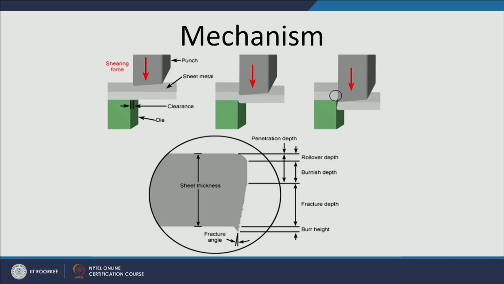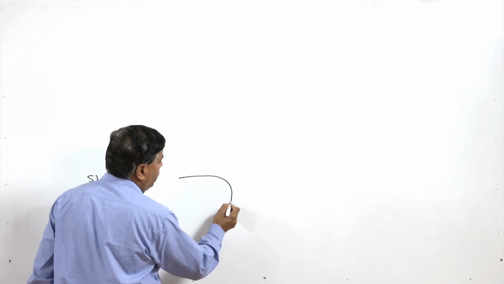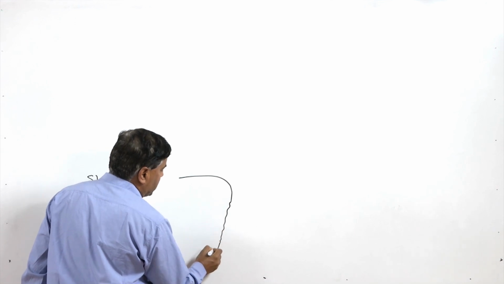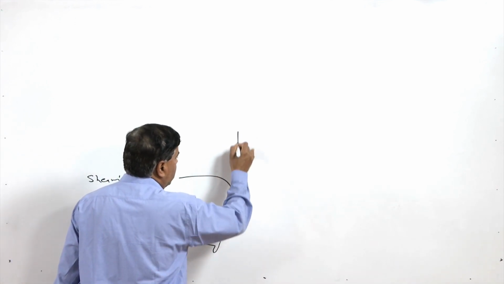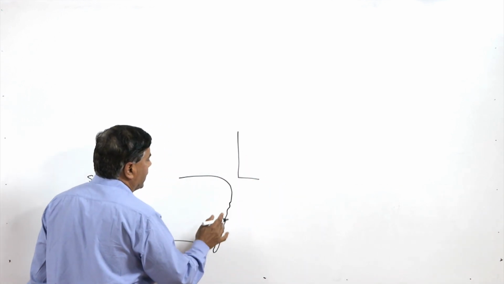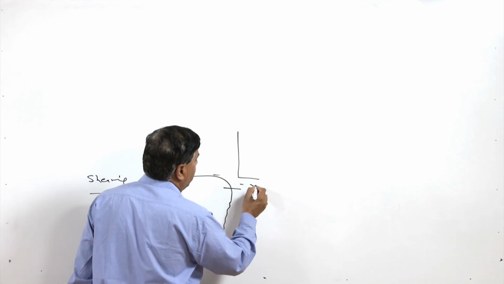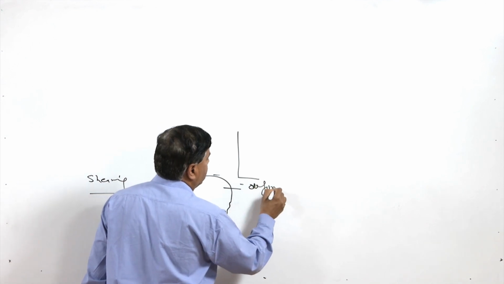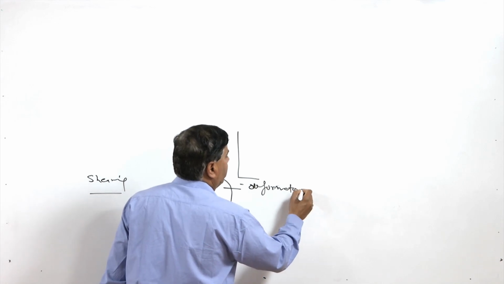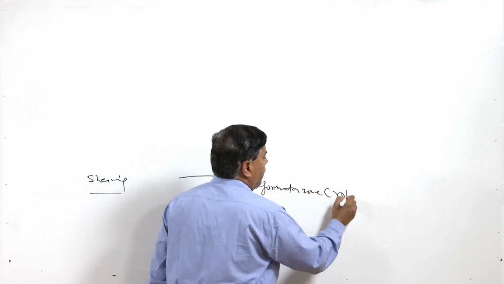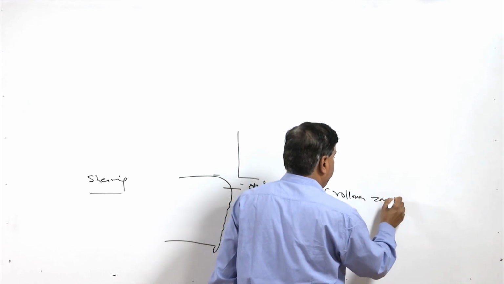The cut edge which is produced has a particular configuration, which can be represented with the help of this diagram. Whenever we apply the punch moving in a downward direction, it produces a deformation zone at the top. This deformation zone is also called the rollover zone.